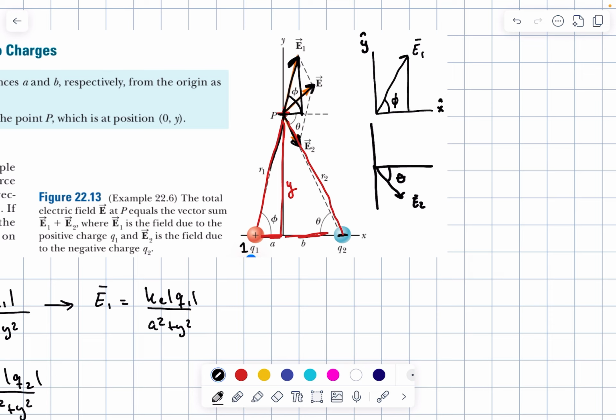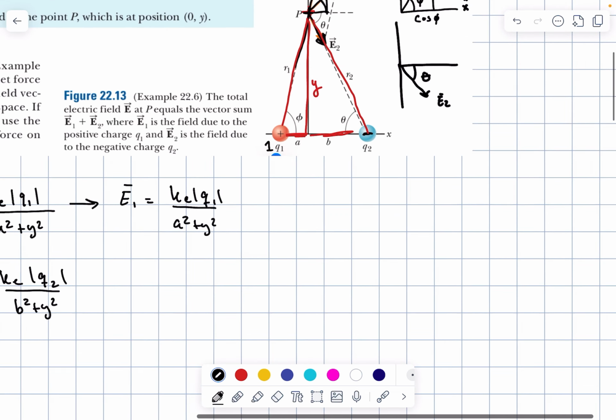So when we want to find the x component, this is going to be the cosine side, and this is going to be the sine side, because this is the adjacent side and this is the opposite. Putting that together, it's going to be cosine phi in the i hat direction and sine phi in the j hat direction.